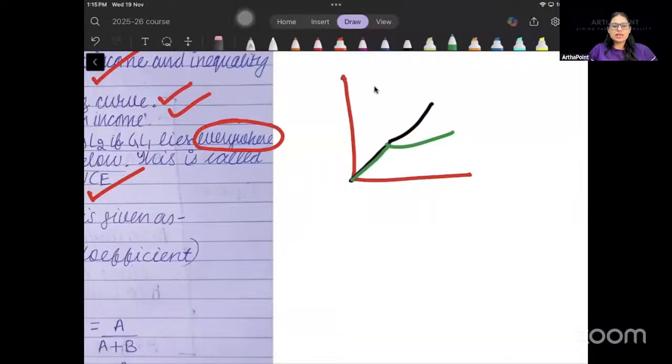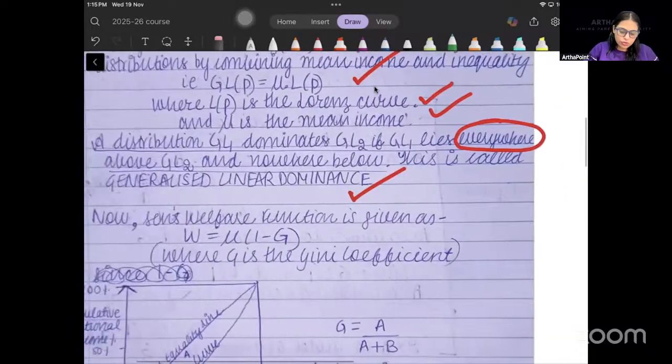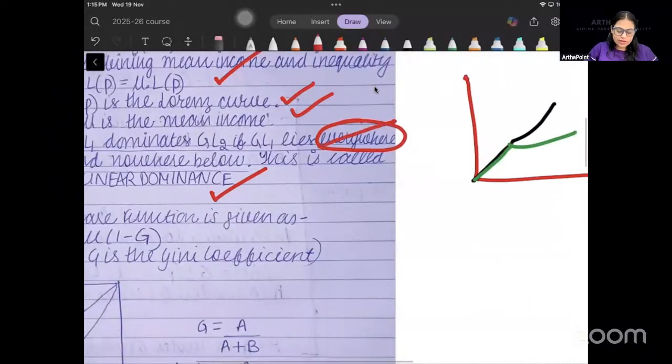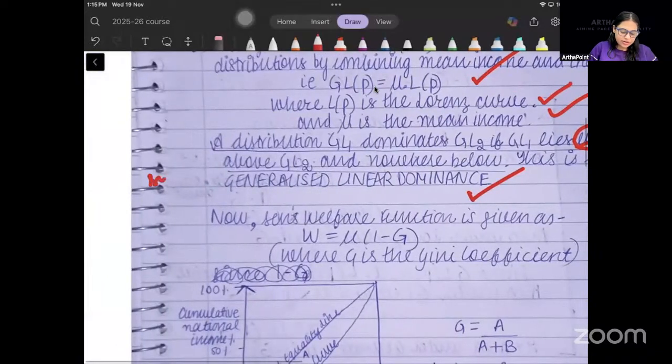So here you are going to say that a distribution GL1 dominates GL2 if GL1 lies at least somewhere above GL2 and nowhere below. This makes sense. Even if for some portion they are coinciding with each other, then also it is fine, but it should not go below.